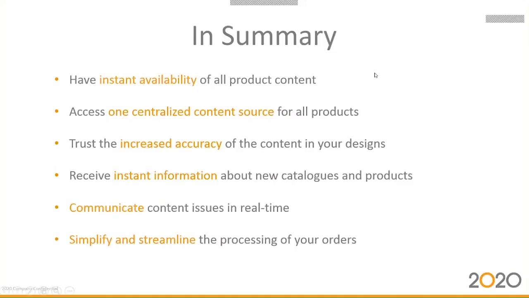As I keep mentioning, the 2020 Cloud is a live stream, so it's instant availability for all of your products. Like I said, as soon as a manufacturer publishes their products to the 2020 Cloud, they are instantly available to you. So there's no more waiting for downloads or checking for updates, because the 2020 Cloud can guarantee instant availability.